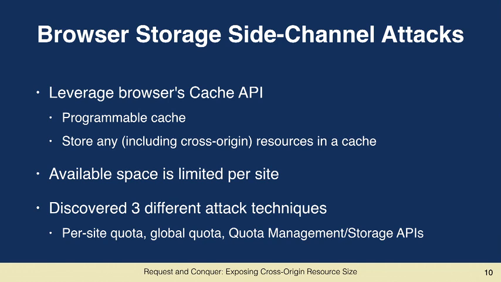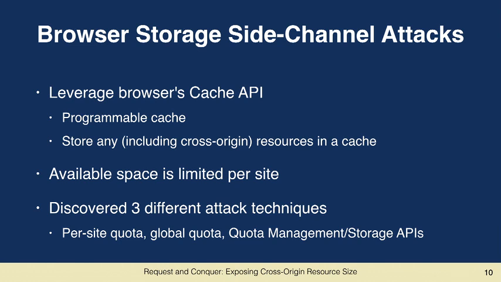It's also important to note that the available amount of bytes that can be stored into the cache is limited per site. And mainly because of this, we discovered three different attack techniques that can be used to expose the exact size of a resource.